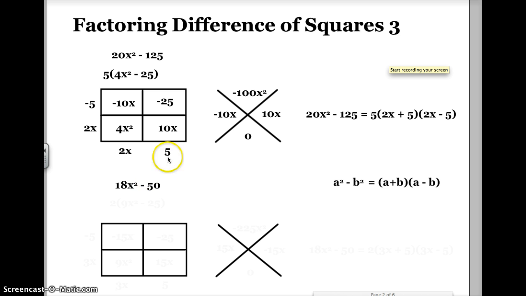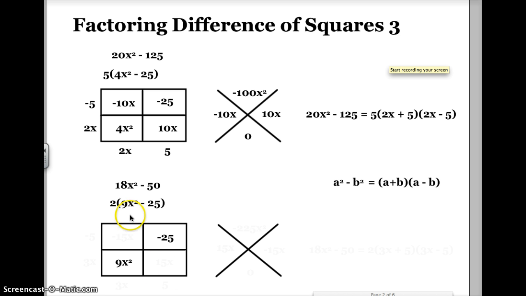Now this one, 18x squared minus 50, I can factor a 2 out because they're both even. After I factor a 2 out, I have a perfect square minus another perfect square inside the parentheses. So let's put my 9x squared down there, my negative 25 up there.